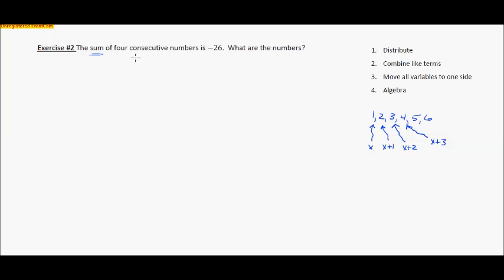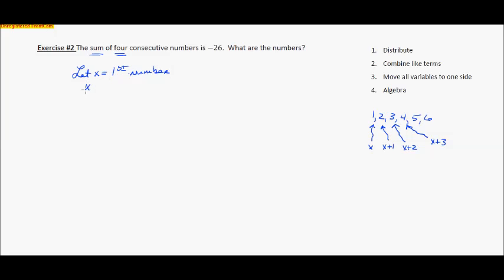Alright, so I'm going to start by defining my variables. We want 4 consecutive numbers. So the first one is going to be called x. I'm going to say the first one is the first integer, or the first number. Let's be consistent with what's in the problem. The first number.